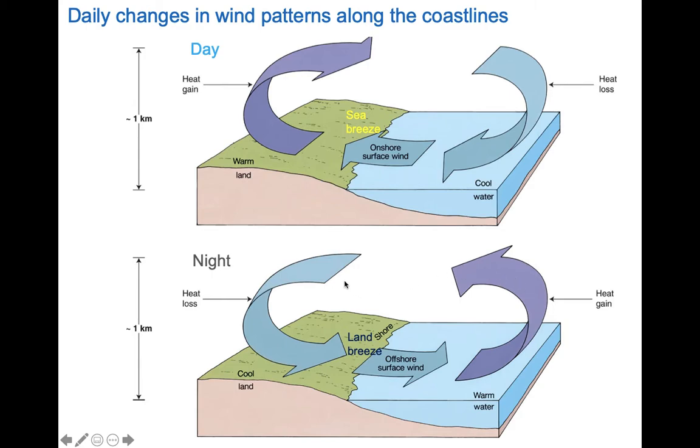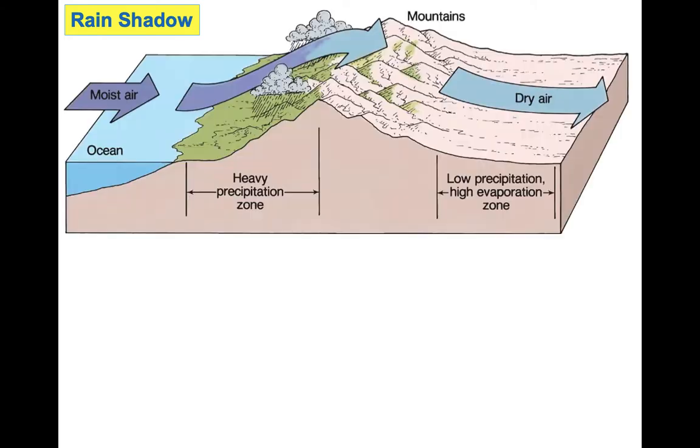So as you can see now, the whole pattern is changed completely around, and so we now have this basically land breeze blowing from the land into the ocean. And this is why in beach towns or in places along the shorelines, usually later in the evenings and late at night, the temperatures go down dramatically.